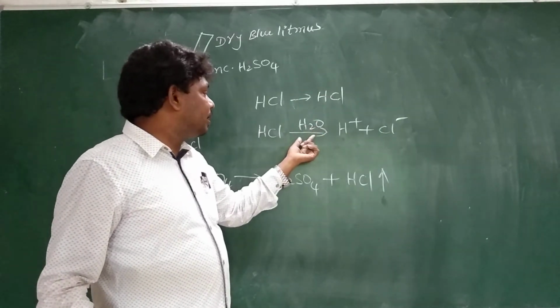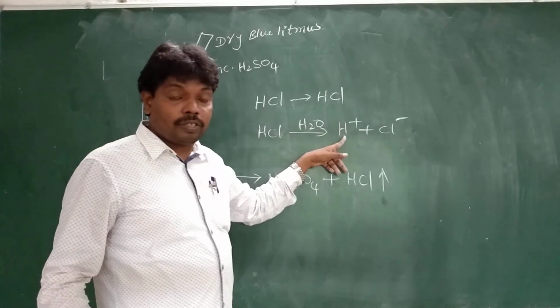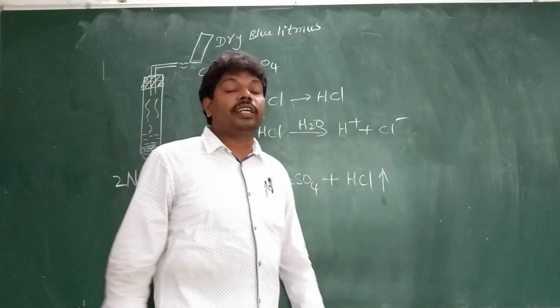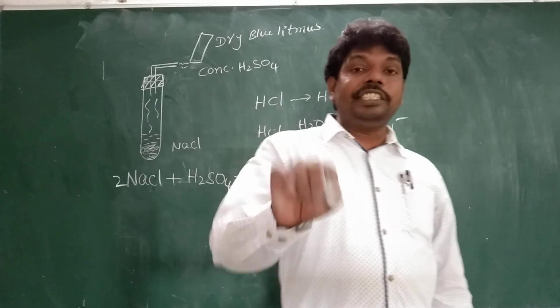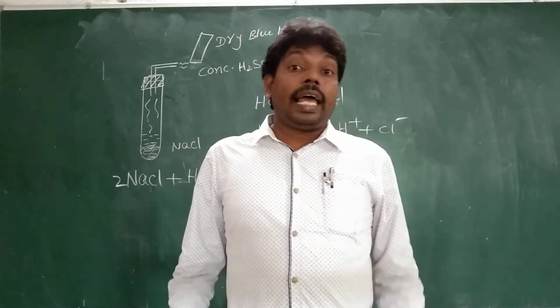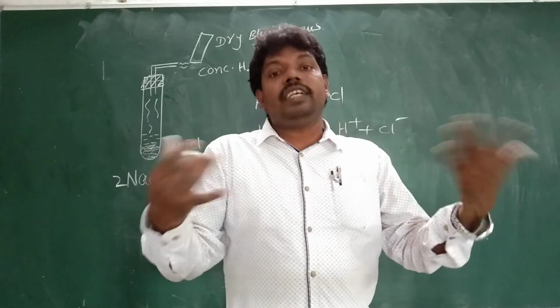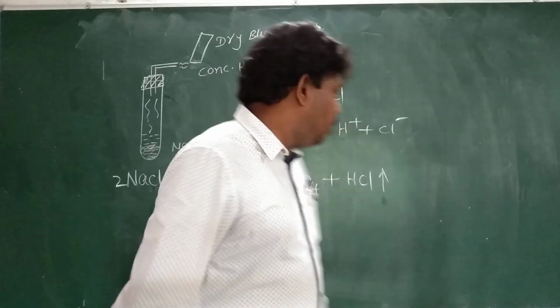But with the wet blue litmus paper, a certain amount of gas dissolved in water and gives H plus ions. So, based on this activity, we can conclude that acids produce H plus ions only in aqueous solution. Acid shows acidic behavior only in aqueous solution.